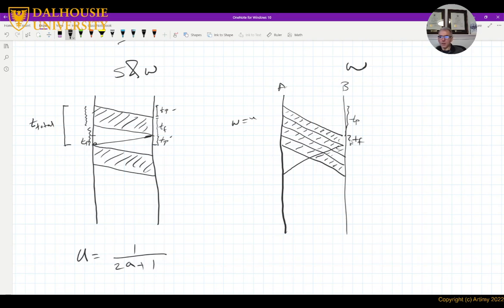and we assume that the propagation time is 3 units, and the TF transmission of a single frame is 1 unit. So what is the total time? We'll do the same thing. We will divide the useful time by the total time. So the total time here, this is T propagation, this is TF, and this is T propagation, right?